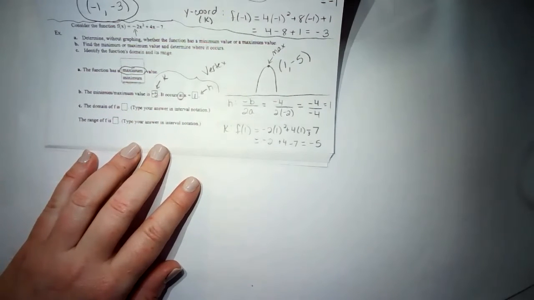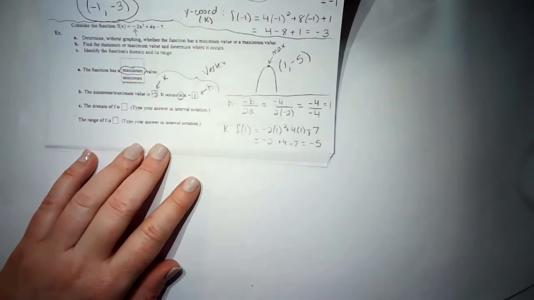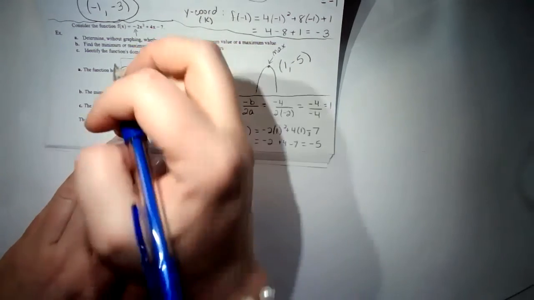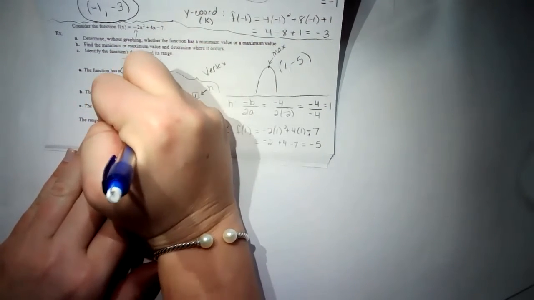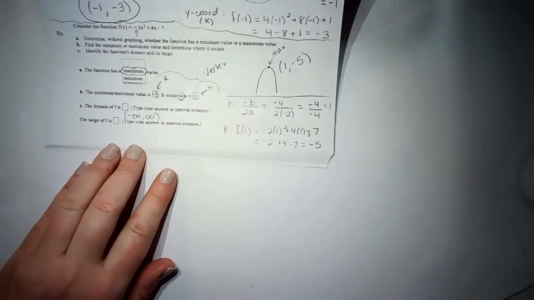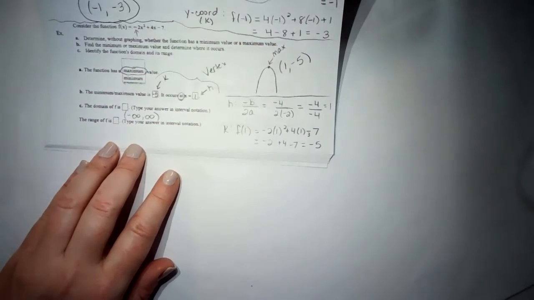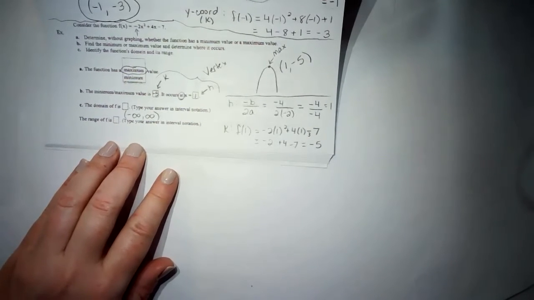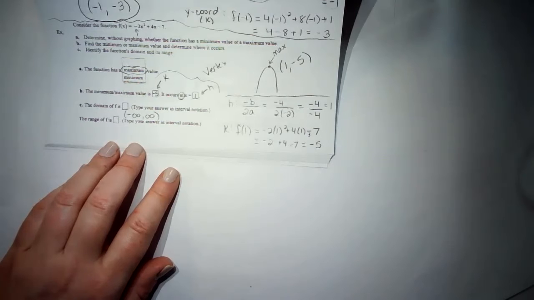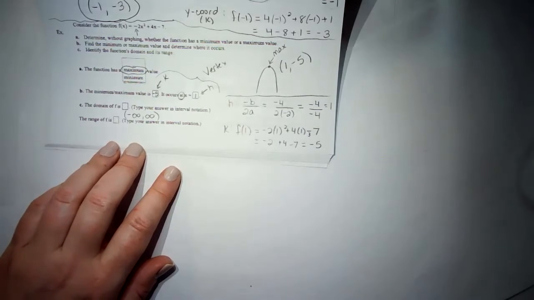C wants the domain. What's the domain of every single parabola in the whole wide world? Good. All real numbers. Now it wants interval notation, so we're going to have to do that. Now it wants the range. The range of a parabola has one of the infinities with a parenthesis, and then it has the y coordinate of the vertex with a hard bracket.